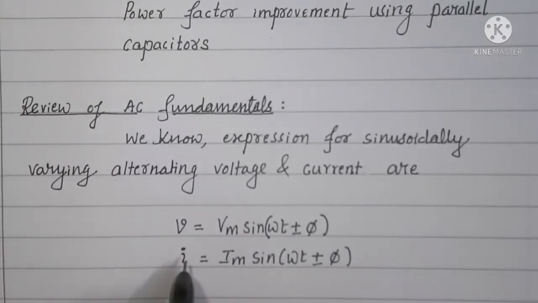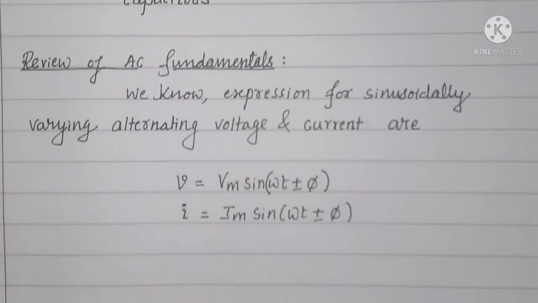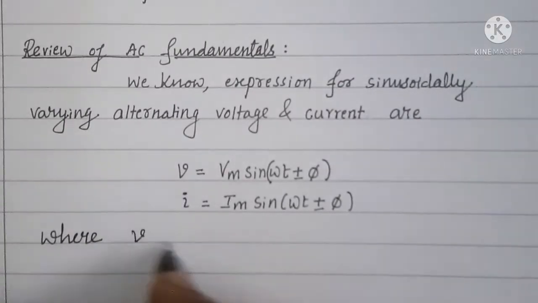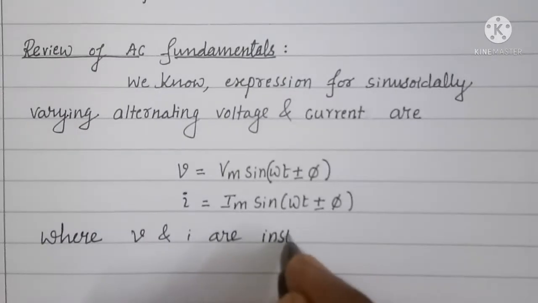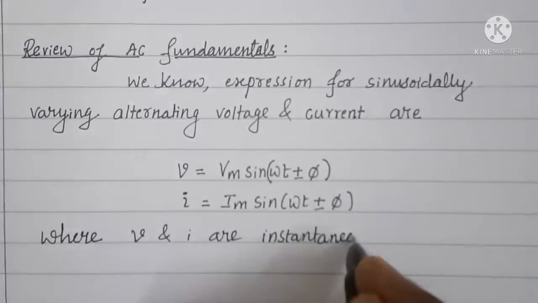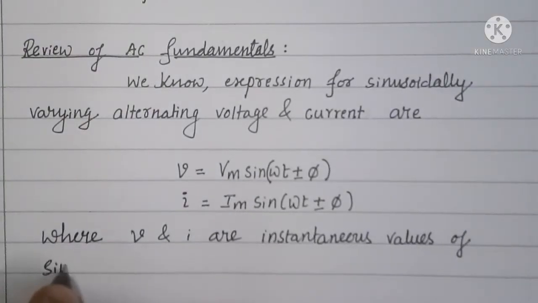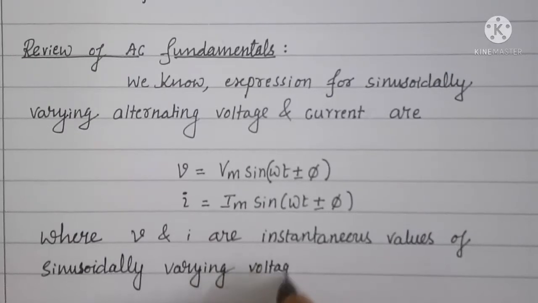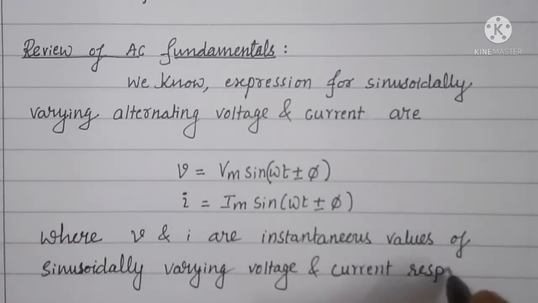Here V and I are instantaneous values of sinusoidally varying voltage and current respectively.